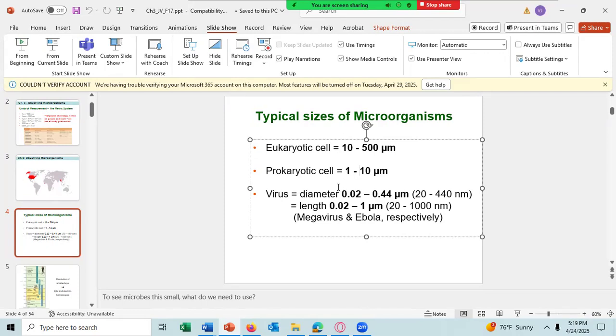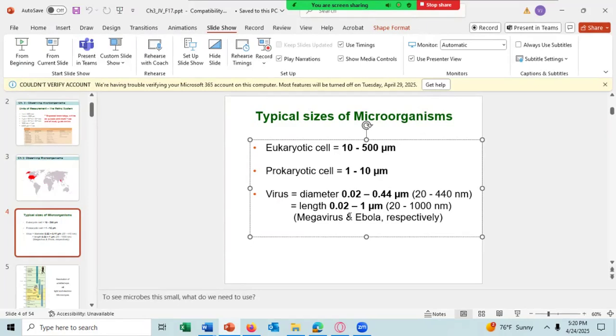And then the virus is about 1/10 the size of a prokaryote cell, ranging in diameter from 0.02 micrometers to 0.44 micrometers, meaning the largest virus reaches the size of the smallest prokaryote cell in its diameter.